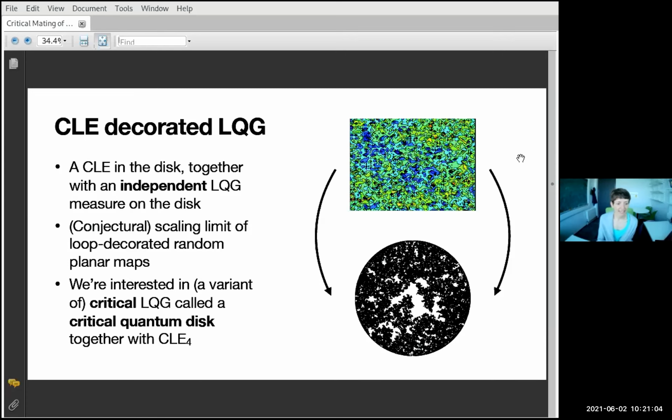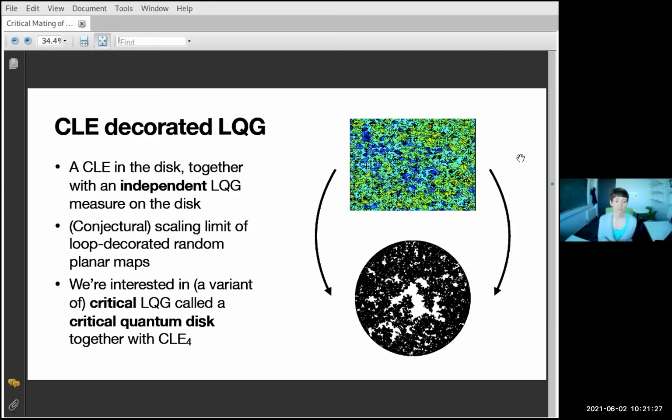Okay, but today I'm just going to be interested in the case where kappa is equal to 4 and gamma is equal to 2. So I'll call this CLE4 decorated critical Liouville quantum gravity. And in fact, to be a little bit more specific, I want to work with a very special case of critical Liouville quantum gravity, which I'll call a critical quantum disk.